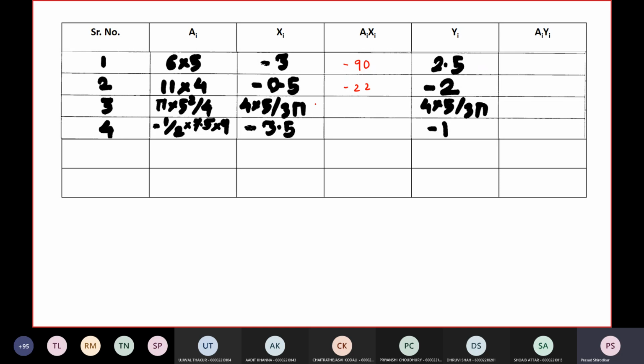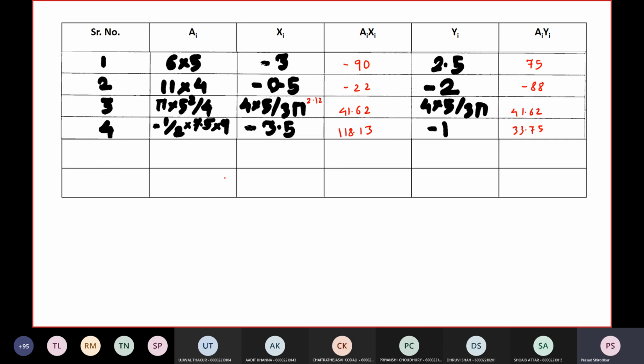This is 2.12. This is 41.62. This is 118.13. And Ai yi, I will also write: it is 75, minus 88, 41.62, 33.7.